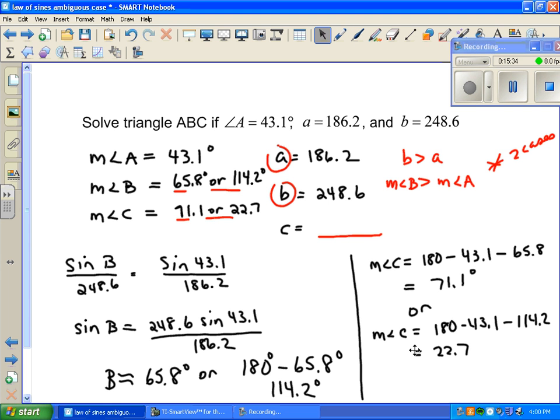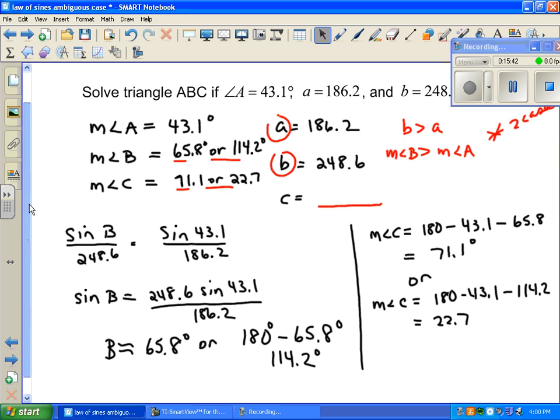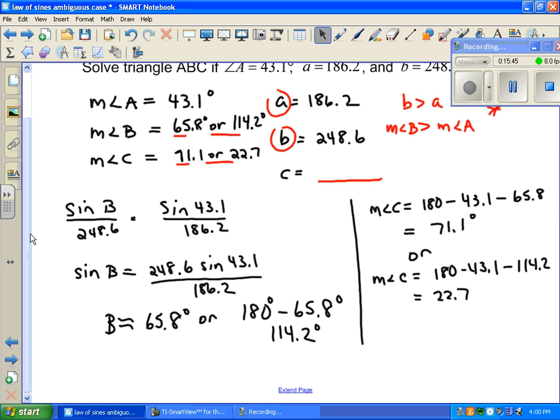Okay, now I still have to find the measure of side C. And to do this, I can't just use the Pythagorean theorem as if I had a right triangle. I'm going to have to use the law of sines again, and I'm going to have to do it twice with 71.1 and 22.7.